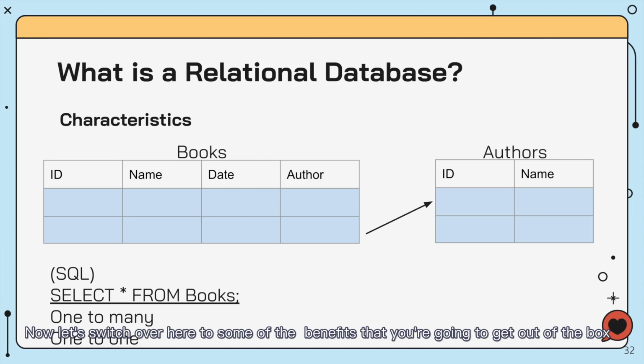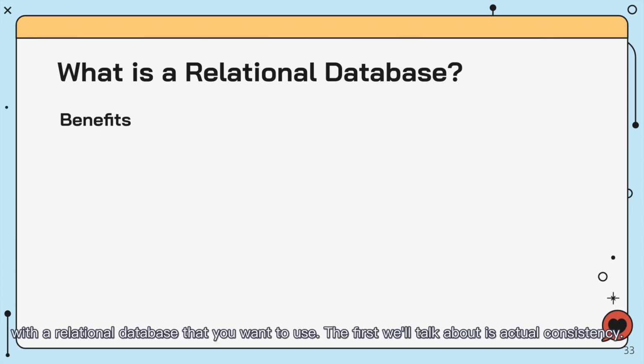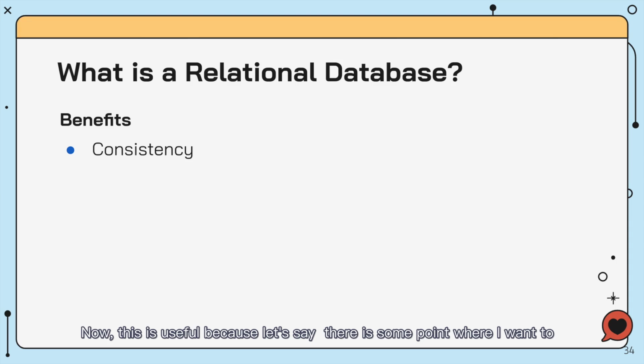Now, let's switch over to some of the benefits that you're going to get out of the box with the relational database that you want to use. The first we'll talk about is consistency. This is useful because let's say there is some point where I want to run multiple transactions.